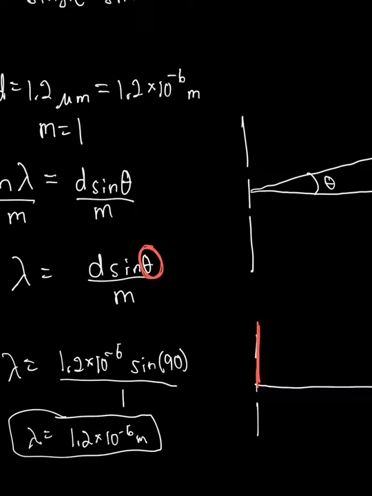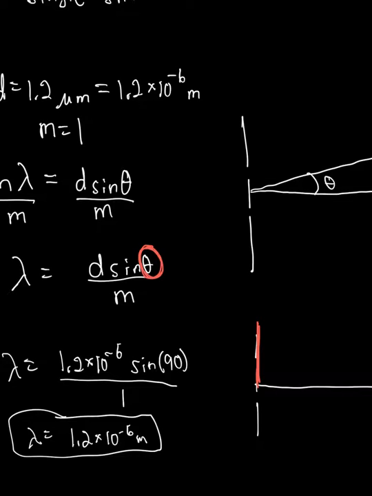So now we know to find the maximum wavelength, you plug in the angle is going to be 90. And that will work generally for any. I can give you different slit sizes, I can give you different orders, but the maximum angle is the same.